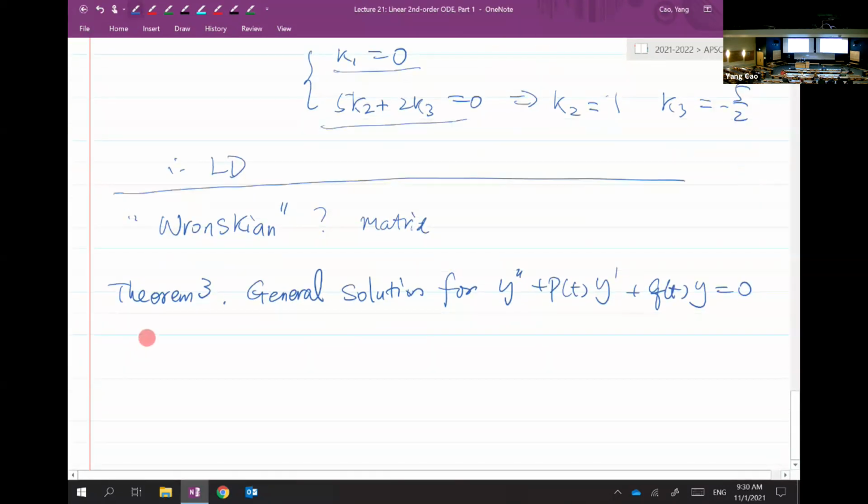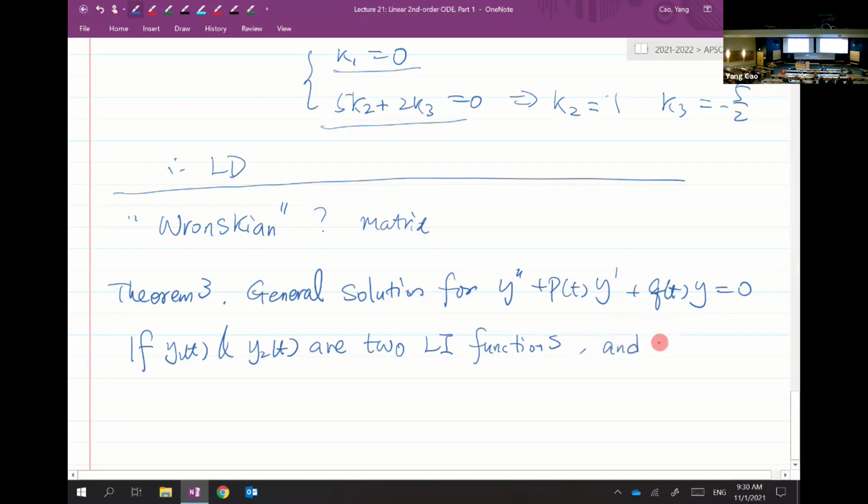Here's what theorem number 3 says. If y1 of t and y2 of t are 2 linear independent functions, that's an assumption, right? Or a fact that you assume, linear independent.